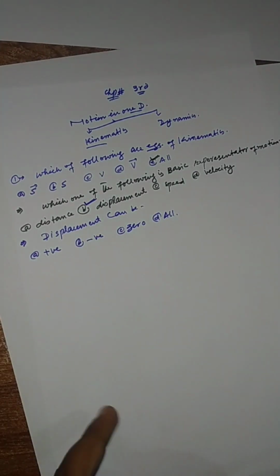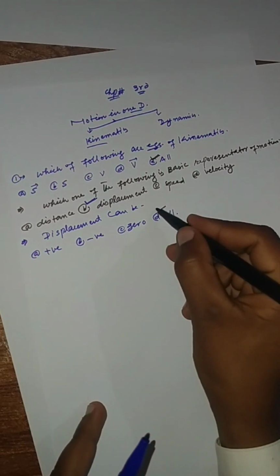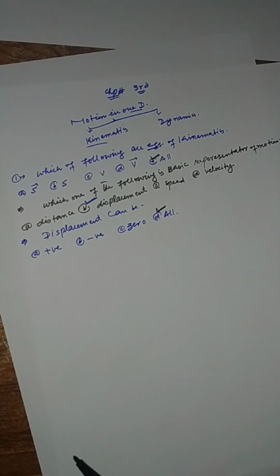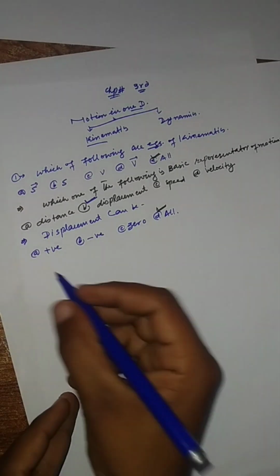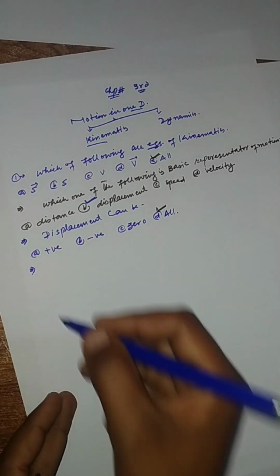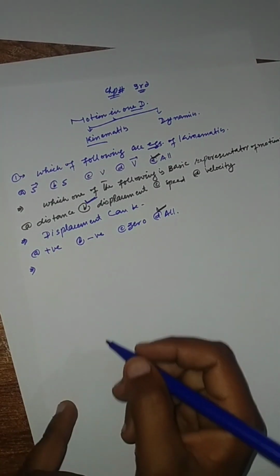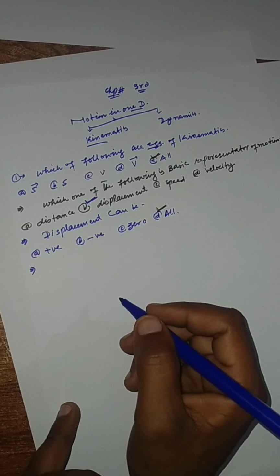So displacement can be positive, negative, zero, all of these. And distance is always positive.